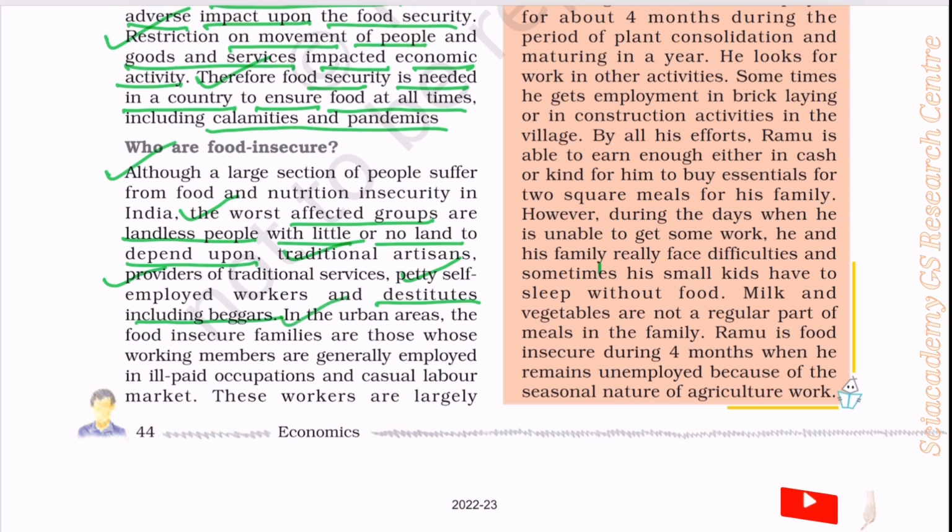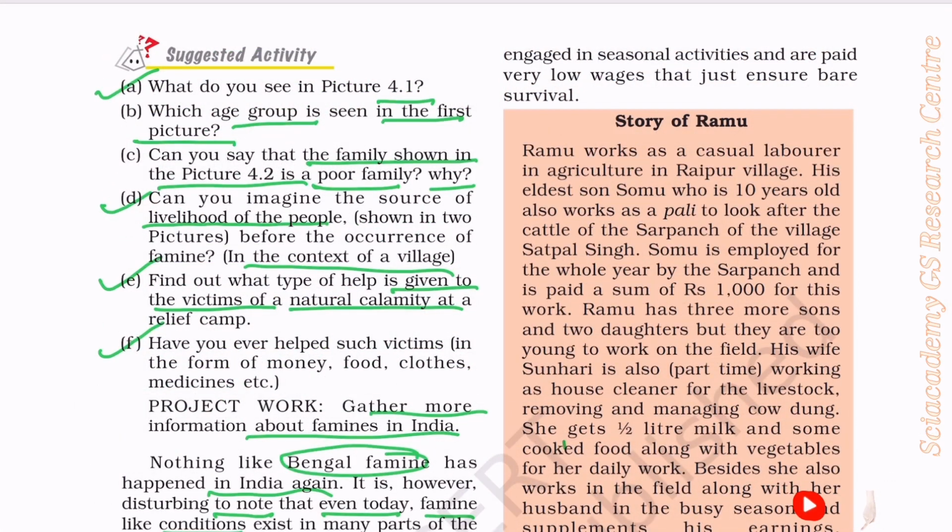In the urban areas, the food insecure families are those whose working members are generally employed in ill-paid occupations and the casual labor market. These workers are largely engaged in seasonal activities and are paid very low wages that just ensure bare survival.